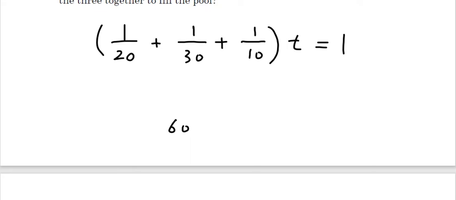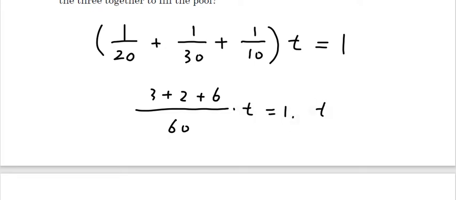So 60 over, 20 is 3, 30 is 2, and this is 6. So T equals 60 over 2 plus 3 plus 2 plus 6, which is 11.